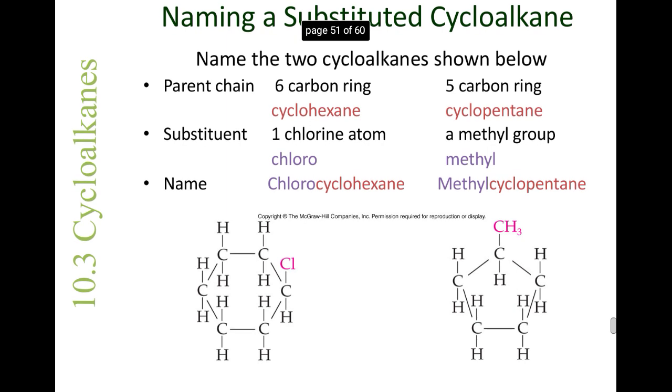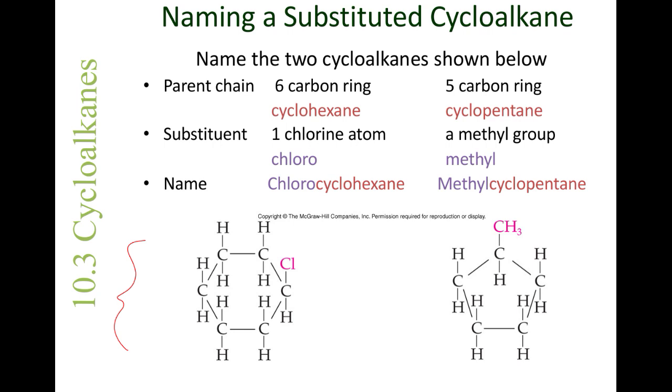More information about naming a substituted cycloalkane. If we want to name the two cycloalkanes shown on this page, both shown in full Lewis structures, you look at the parent chain. In the first one, I have 6 carbons in my cycle, so that's a cyclohexane.